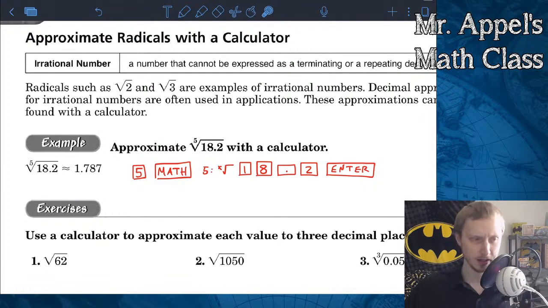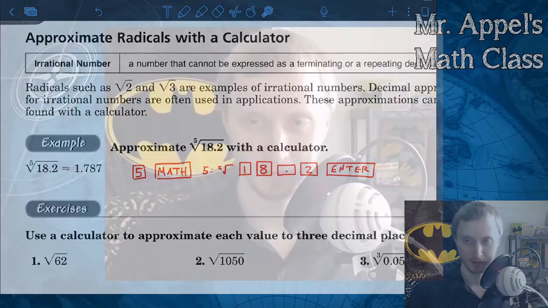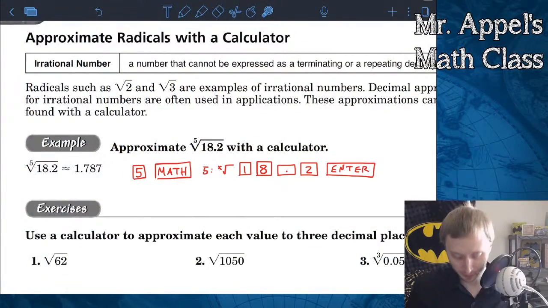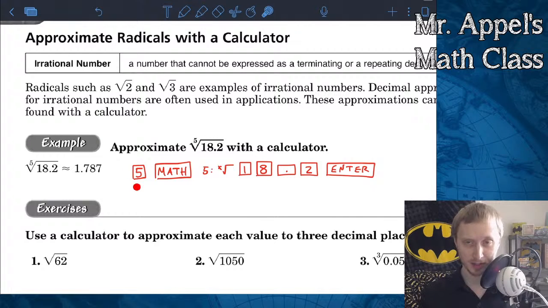And just a reminder here, okay, the math button here, hit right there, okay, underneath the alpha key. So that's the menu you are looking for. Okay, so you'll press the number for your index first, right? Because notice the listed number 5 on the math menu. So index first.